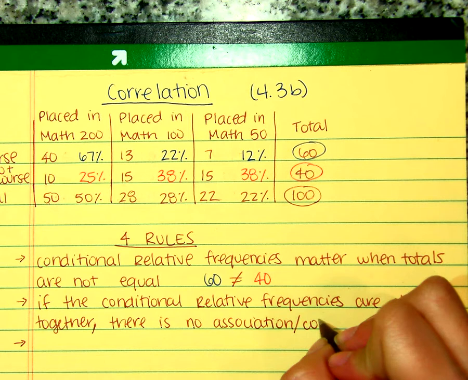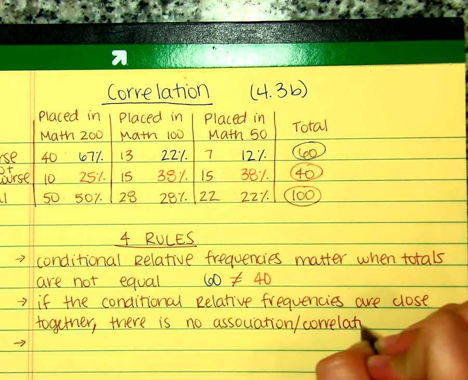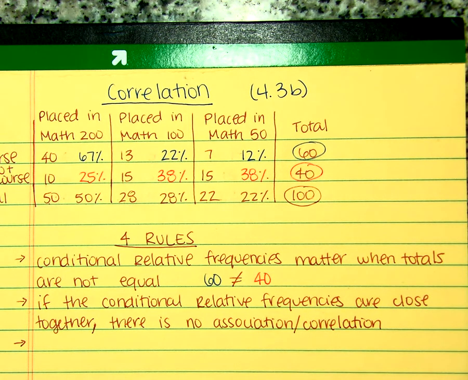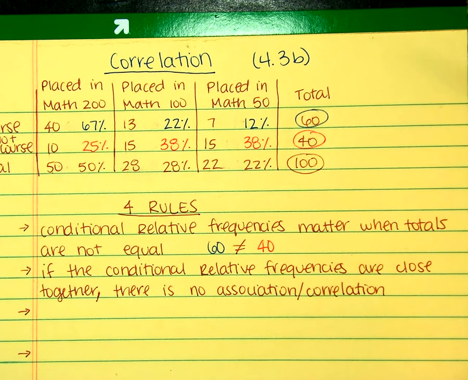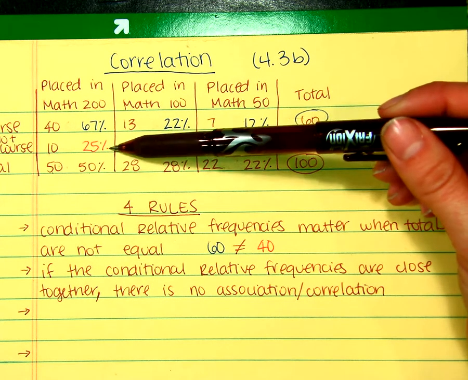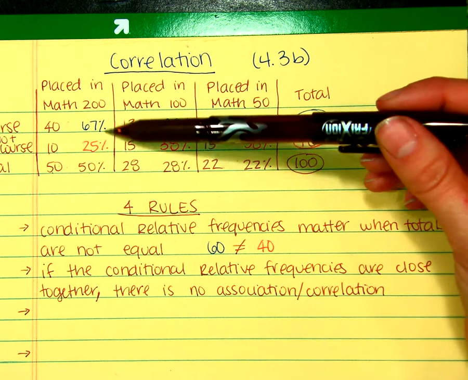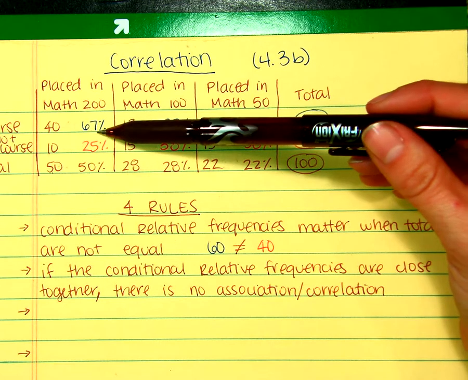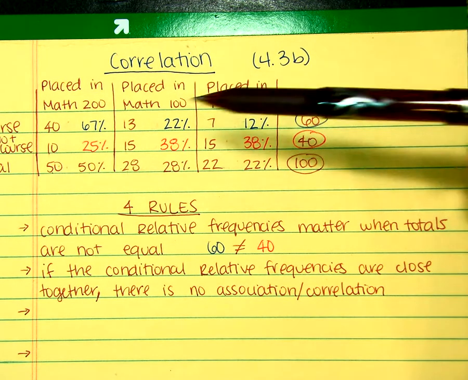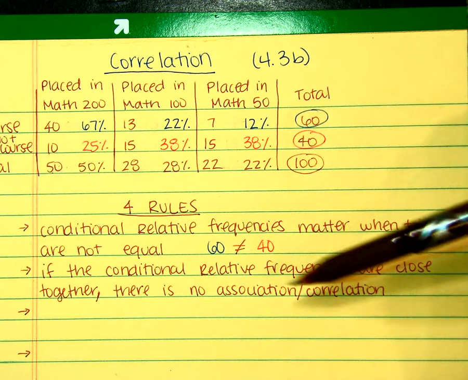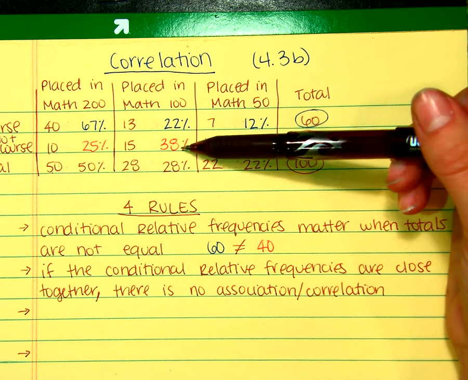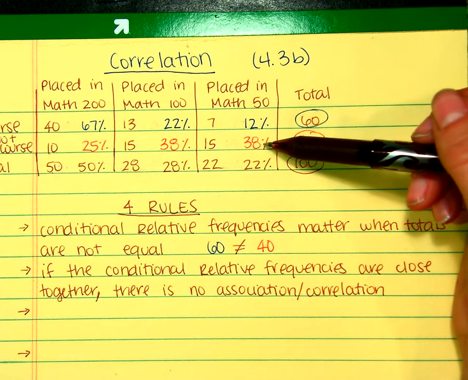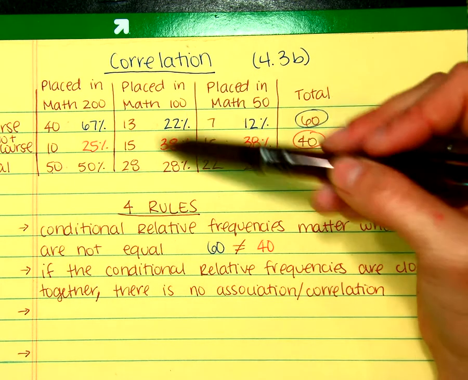All right, these 2 words mean virtually the same thing. There's no association and there's no correlation. So let's see if there's any up here that are very similar. We've got 25 and 67. We determine if they're similar by subtracting. So if we subtract this, we get 42. That's pretty far apart. So I would say that this doesn't count. This one is 16% apart, and this one is 26% apart. So the closest one is here.